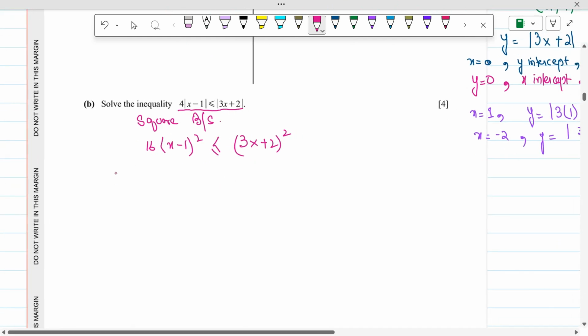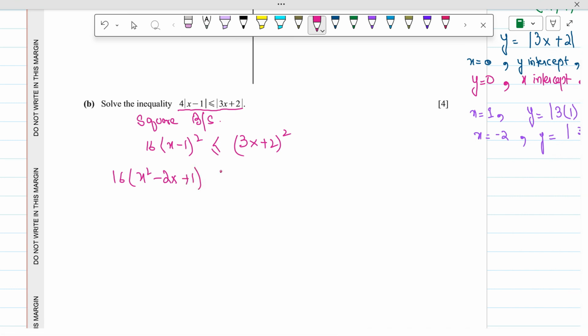So 16 times (x minus 1) squared is 16 times x squared minus 2x plus 1, less than or equal to (3x plus 2) squared, which is 9x squared plus 12x plus 4.